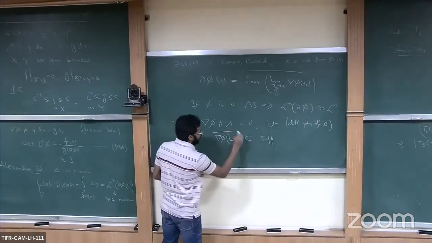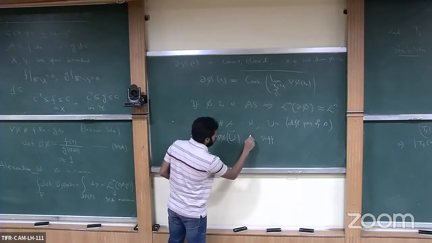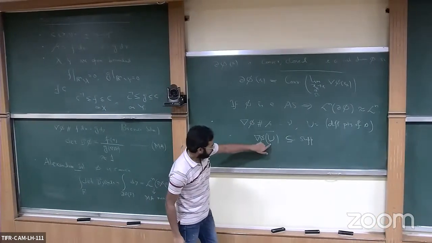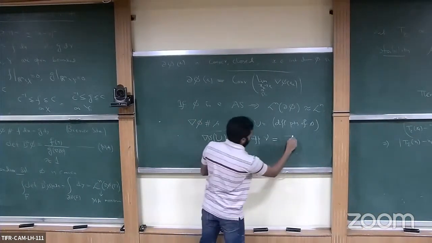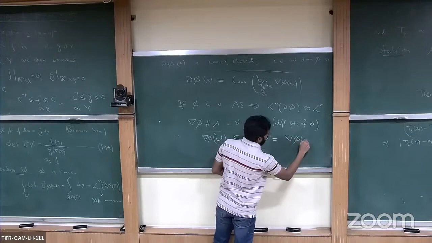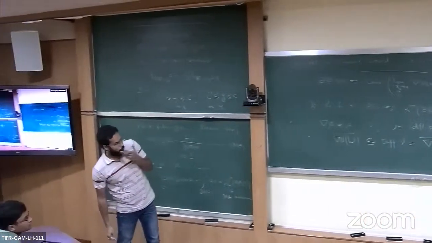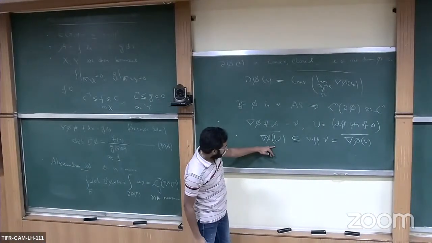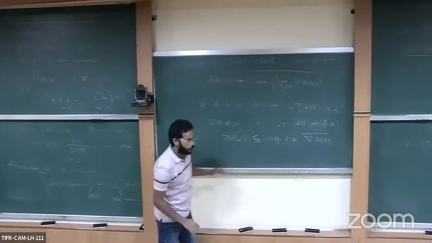If I take the closure, actually this is equal. So let me write very clearly: the image under gradient φ of the differentiable points is contained in the support of ν, and if you take the closure, it is actually equal. So basically it says that every point of differentiability and its image is inside the support of ν.